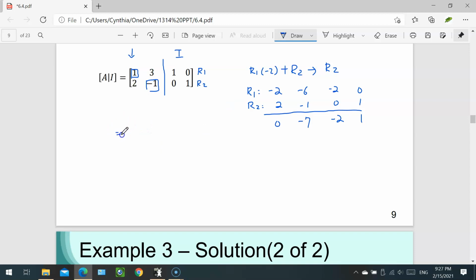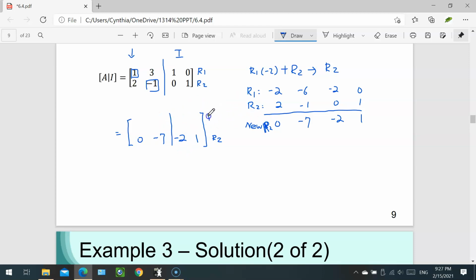Now we record the new row 2 on the next step. So this will be your new row 2: 0, negative 7, negative 2, and a 1.